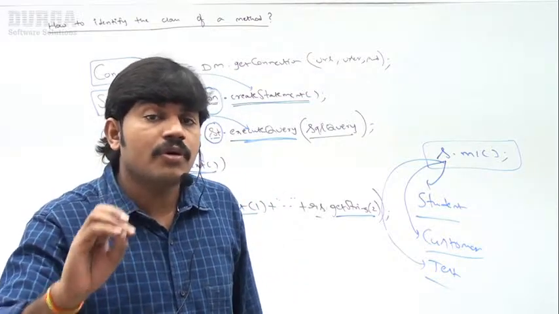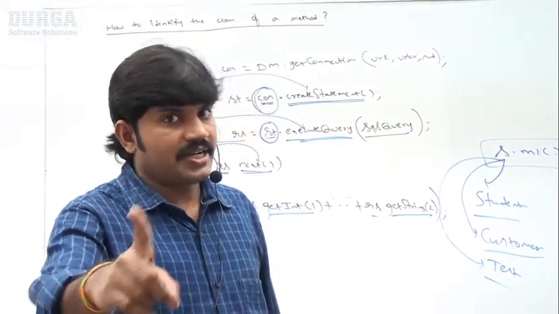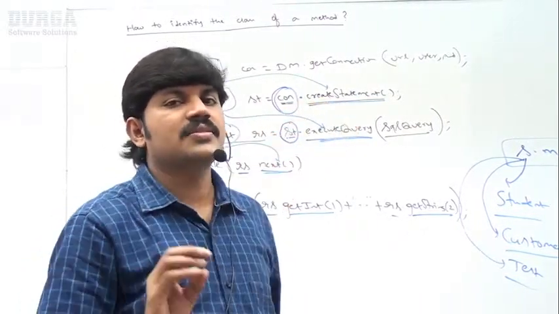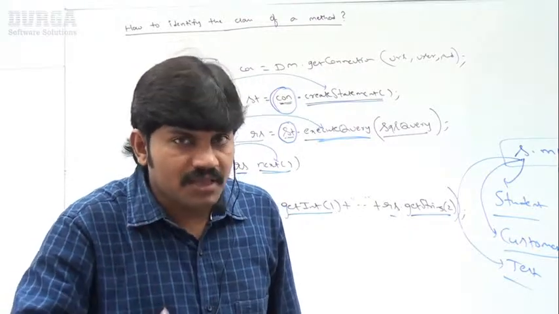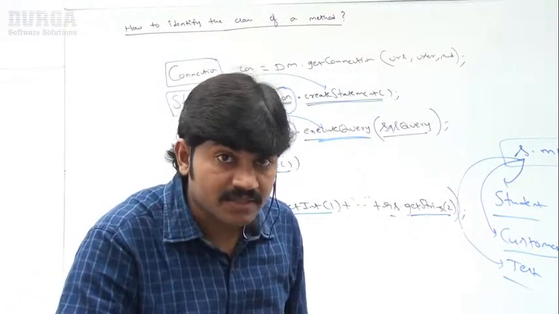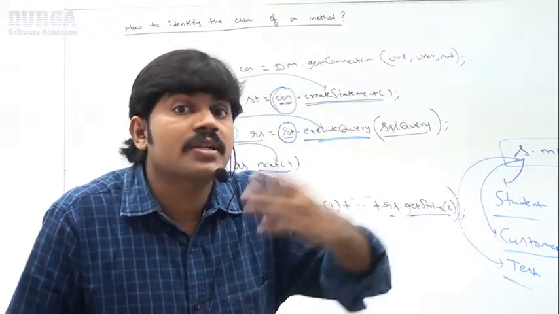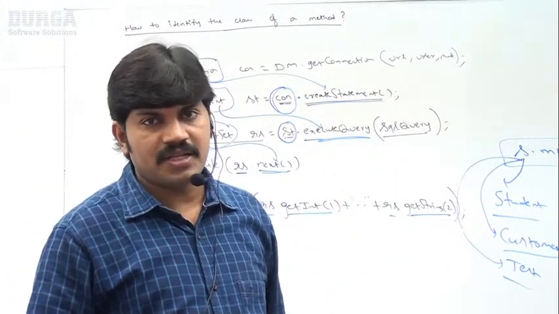If that method you are calling by using a class name, that method is what? Static method. And whichever class name you used, that particular class contains this method. Clear, right? Similarly, if you call a method on an object reference, whatever type that object reference is, that corresponding class should contain this method. Clear for all of you, right?